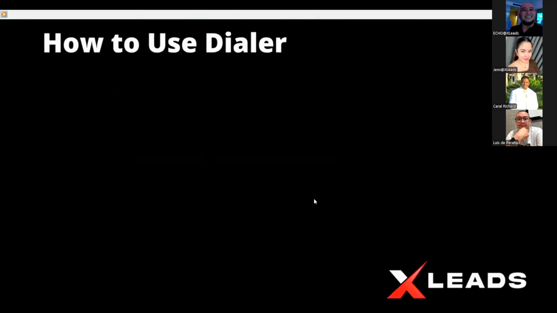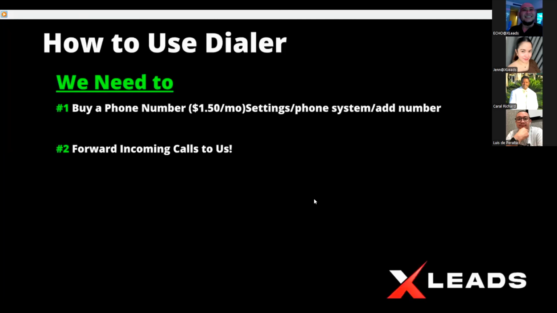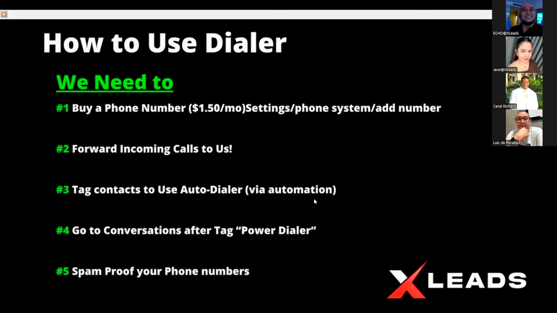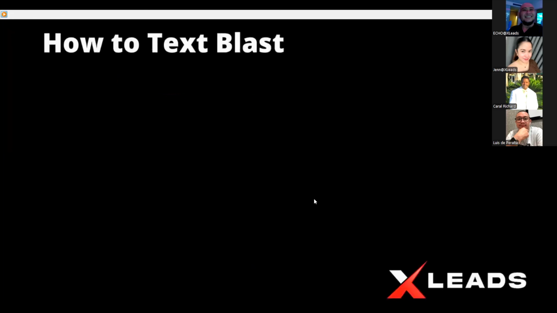Once your number is set up, ensure you configure the settings to forward all incoming calls to your preferred line. Next, use the automation features to tag your contacts so they are ready for the auto dial. To start using the power dial, simply navigate to your Conversations tab after applying the appropriate tag. It is also crucial to take steps to spam-proof your phone numbers to ensure your calls connect reliably.